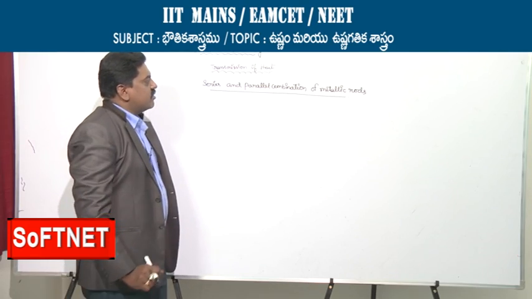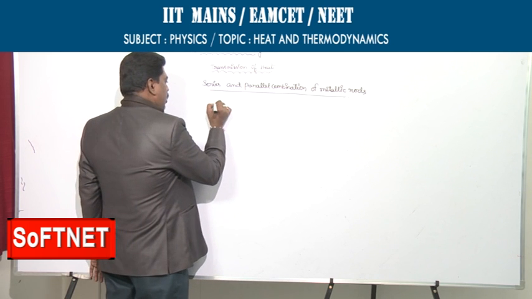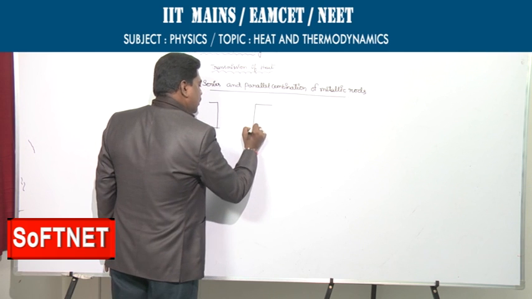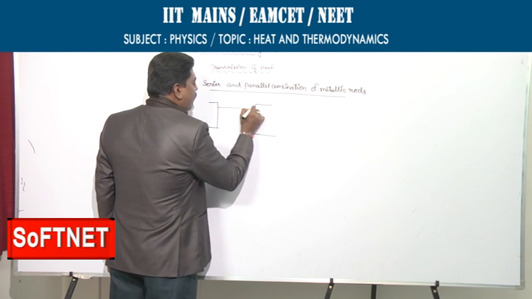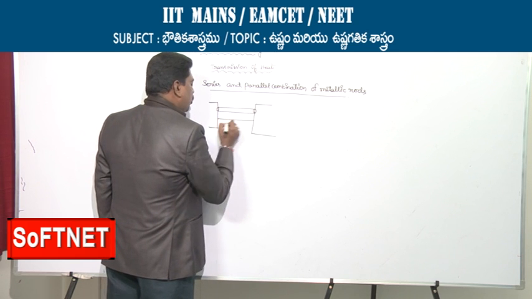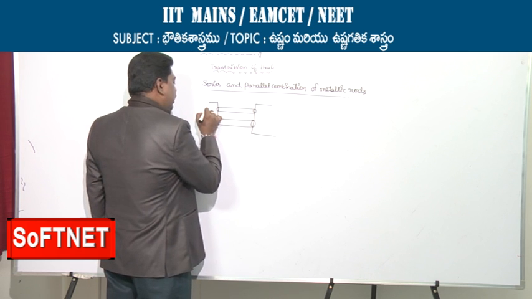Now let us try to understand the parallel combination of metallic rods. Two metallic rods of the same length and possibly different areas of cross section are fixed between two ends having temperatures theta 1 and theta 2.